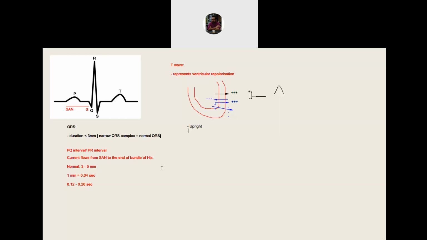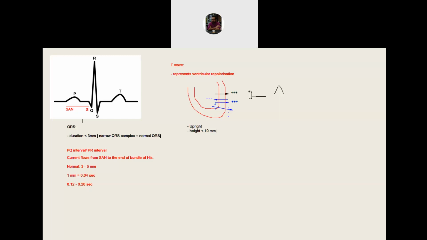Also, its height normally does not exceed 10 millimeter. Of course, it varies from lead to lead, but it never exceeds 10 millimeter. If it exceeds 10 millimeter, then it can be called a tall T wave, which can be seen in some disorders like high level of potassium in the body. So these are the properties of a normal T wave.